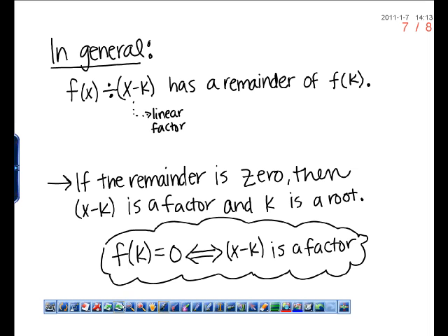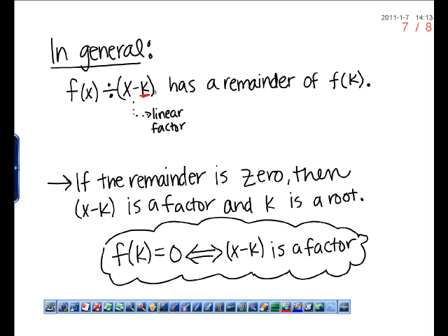So let's generalize that a little bit. Whenever we have f of x, some polynomial, divided by a factor, that will always have a remainder of f of k. That k is coming from this x minus k. So if we get a remainder of anything else other than 0, then we know it's not a factor.